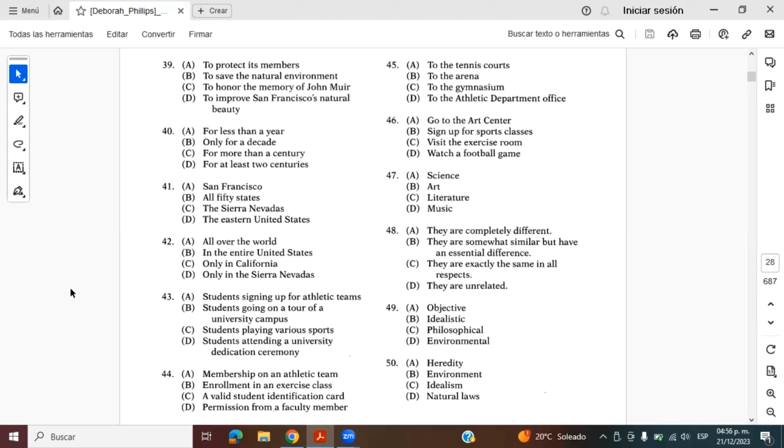Number 47. This talk would probably be given in which of the following courses? Number 48. What point is the speaker trying to make about realism and naturalism?